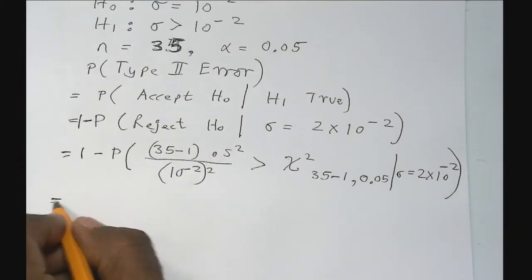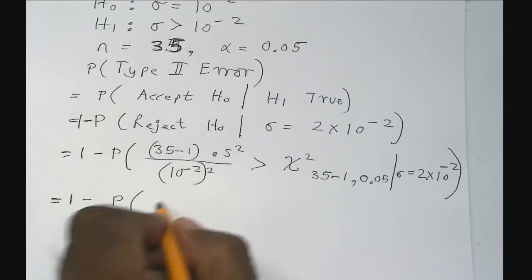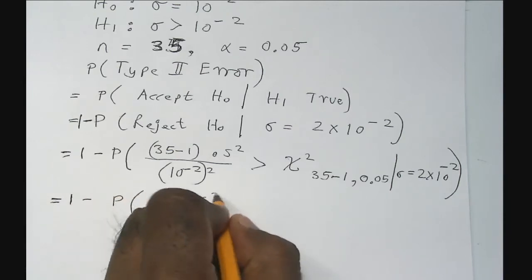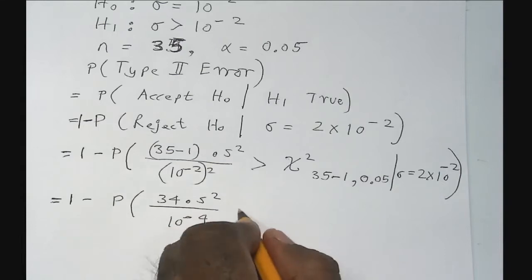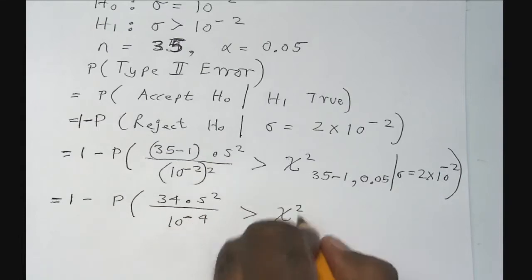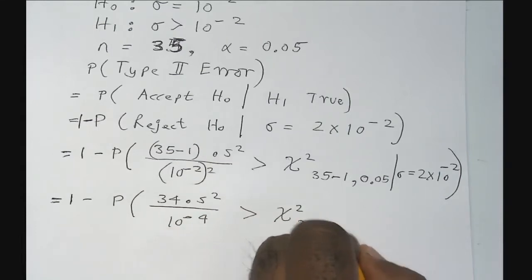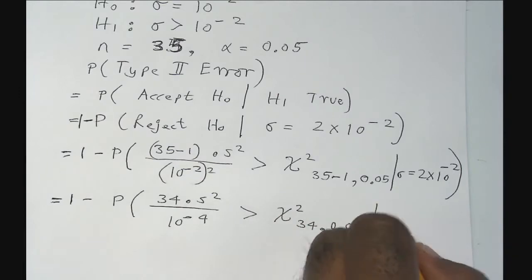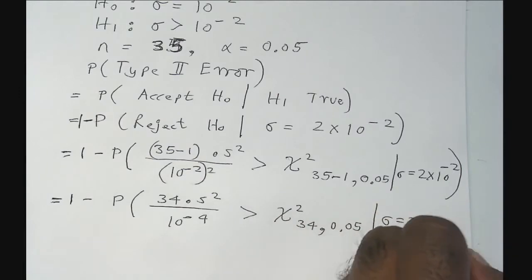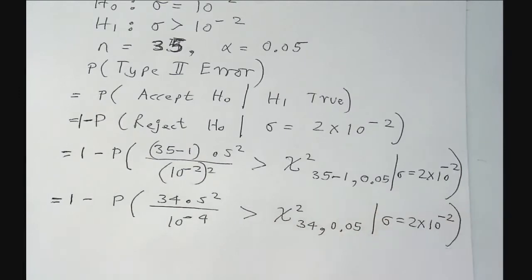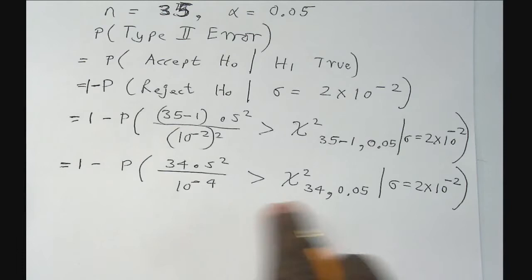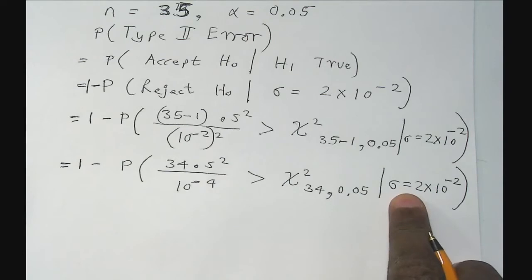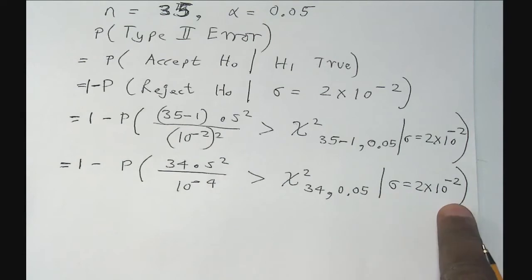So what you have is 1 minus the probability that 34 times s squared divided by 10 to the power minus 4 is greater than this. Now you must realize that the true value of sigma is 2 times 10 to the power minus 2.